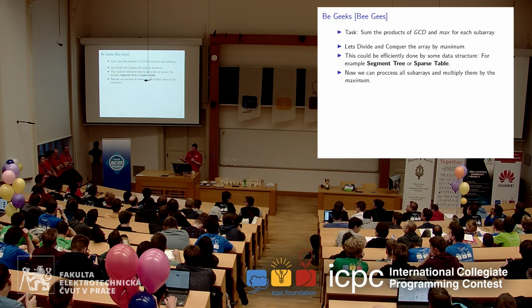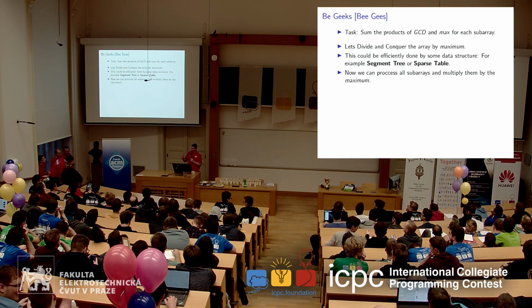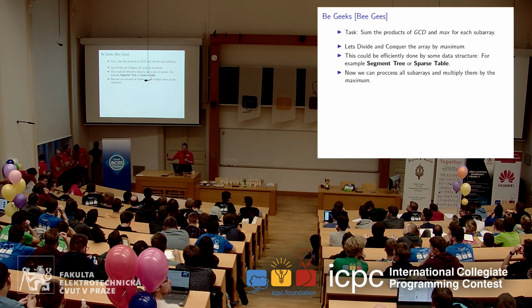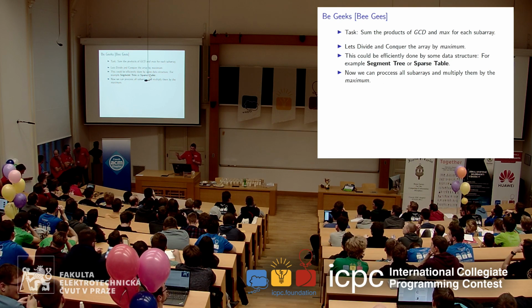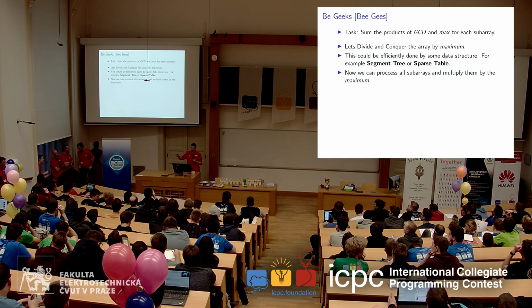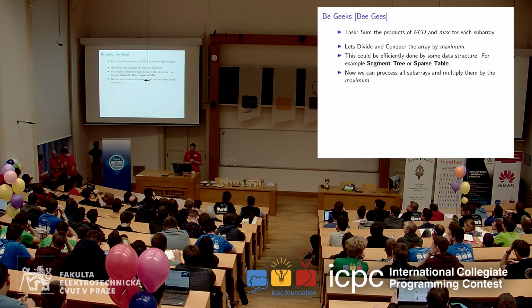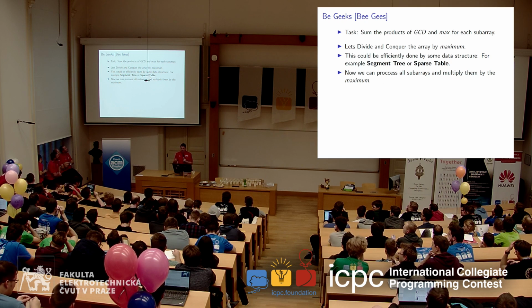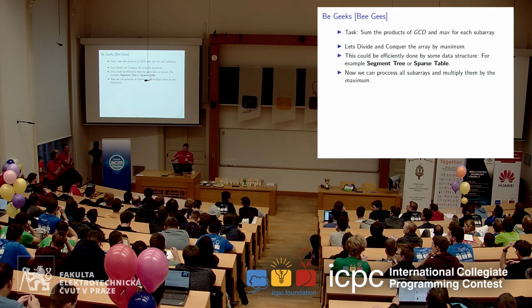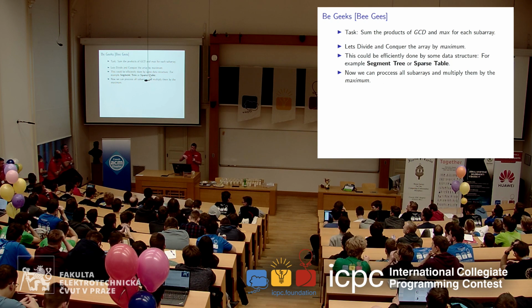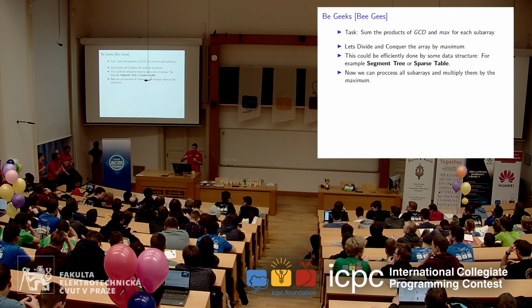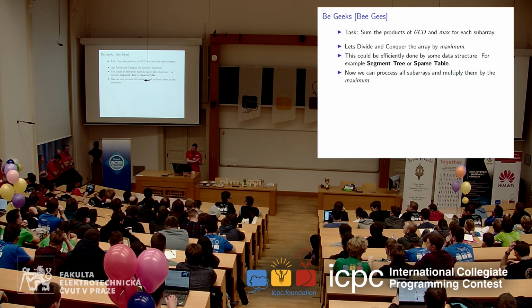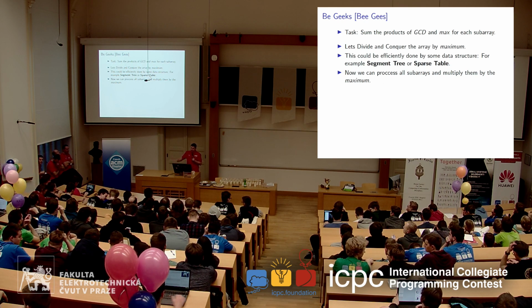One of the approaches was to do some divide and conquer over the whole array, when we had some range on which we wanted to find the answer, and we found, for example, the maximum on the range. Then we found all the subarrays which were passing through the maximum.